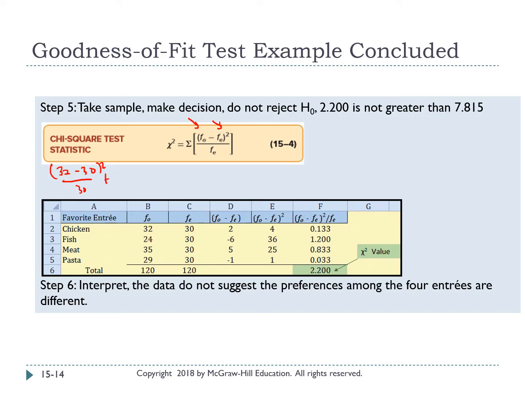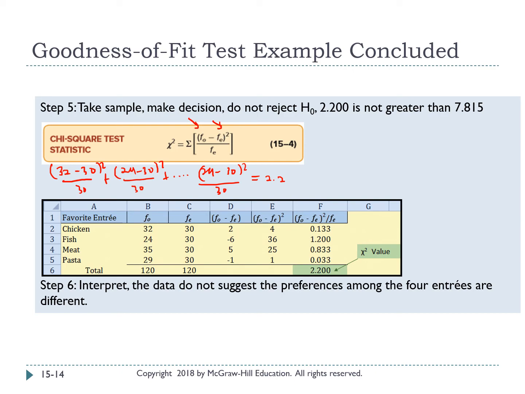Plus the second observation, we have 24 minus 30, and then squared over 30, plus all the observations until 29 minus 30, and then squared over 30. The summation of all this information will give us the value of our chi-square equals 2.200. Next, we have to make a decision.